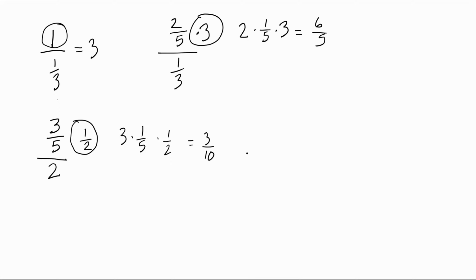Okay, and for the last one here, let's suppose that we have something like 3/5 divided by 2/7. Now, consider the question, first of all, of just seeing how many 1/7 there are in 3/5.